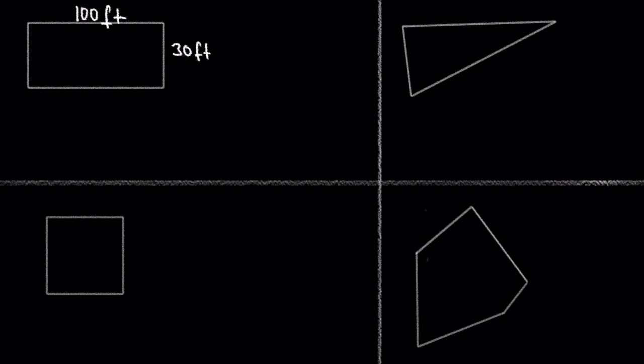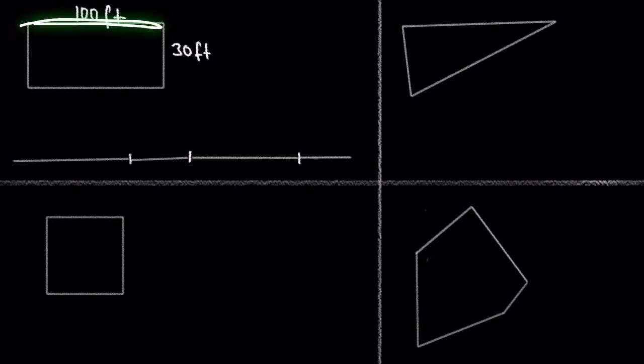So if we would take all the sides and put them together piece by piece, it would look like this. One 100, 30. How long is this side?